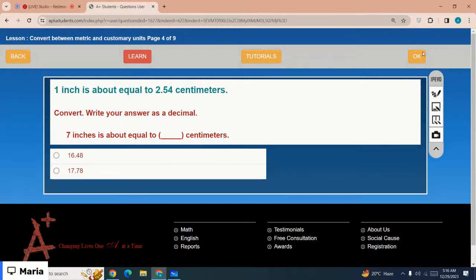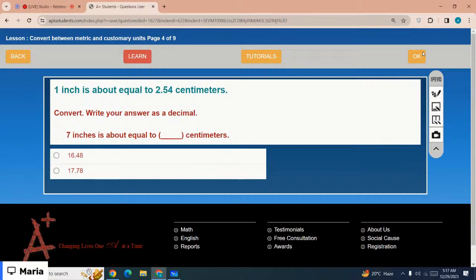1 inch is about equal to 2.54 centimeters. So 7 inches is equal to, which is the correct option? You have to do 7 times 2.54. The correct option is 7 times 2.54, right?